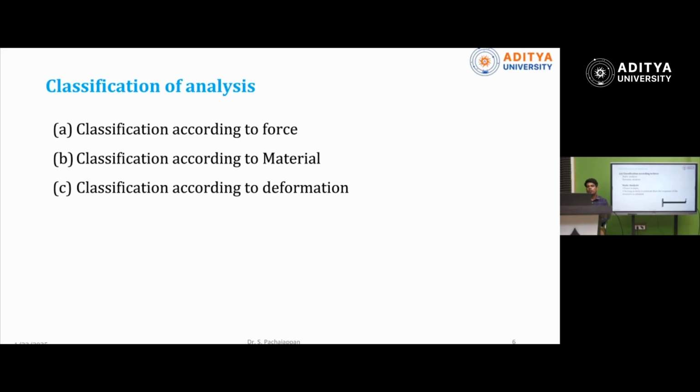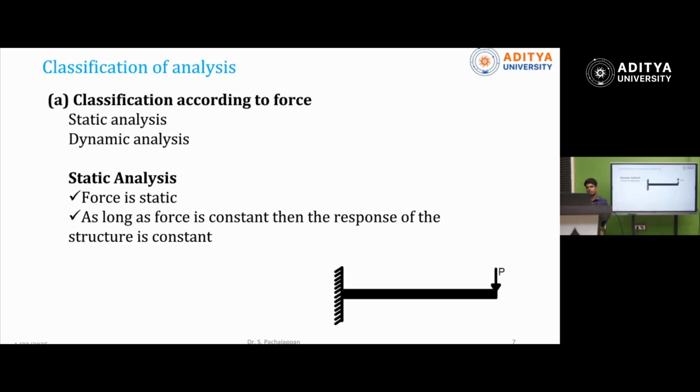Now, if you come to the dynamic analysis, the load will vary with respect to time. So here you see, as long as the force is constant, the response of the structure is also constant. If you see the dynamic analysis, the same cantilever beam is there, but the applied force P is a function of time.